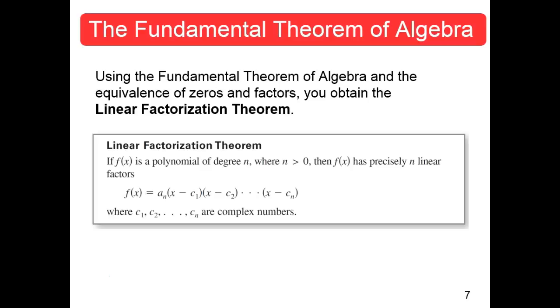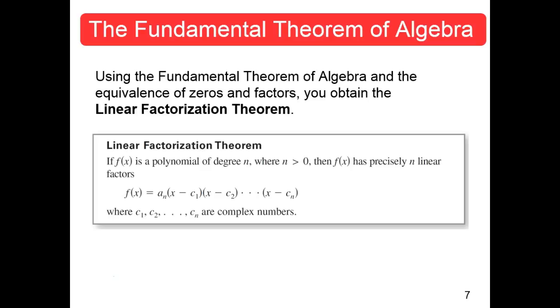So, using the fundamental theorem of algebra, which Gauss did, and the equivalence of zeros and factors, we can obtain a linear factorization theorem. Now this is doing things backwards from how we usually do. Remember, with that quadratic we had, we tried to factor first.